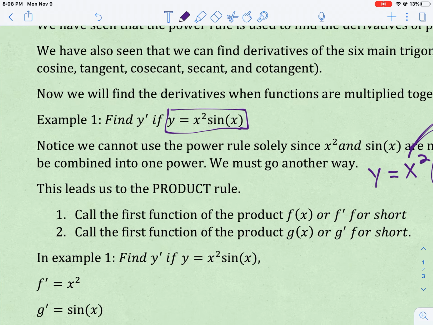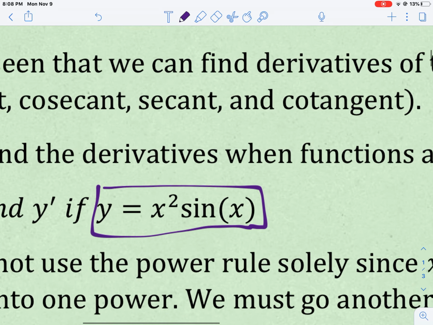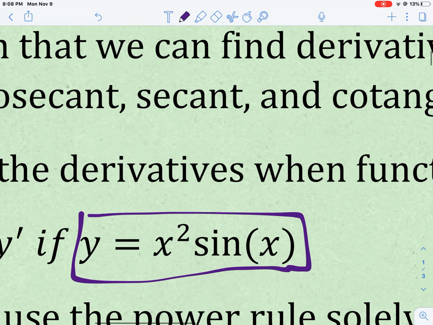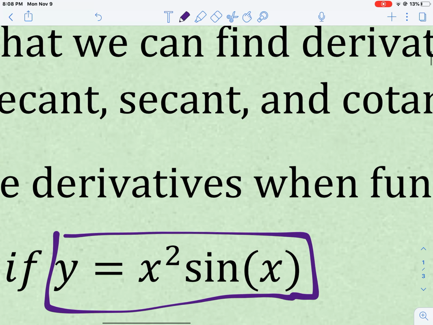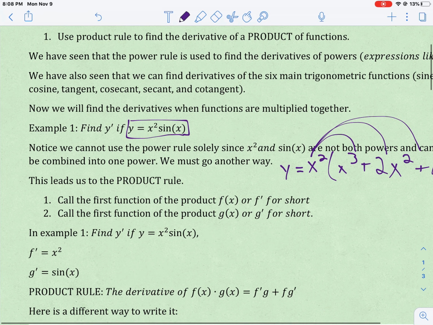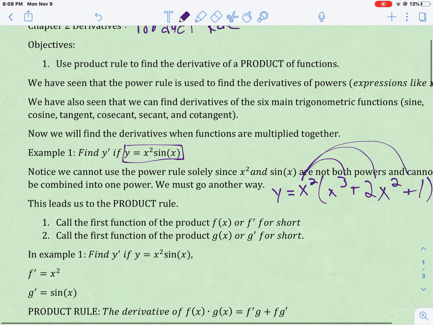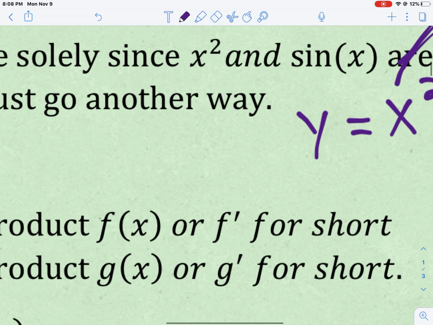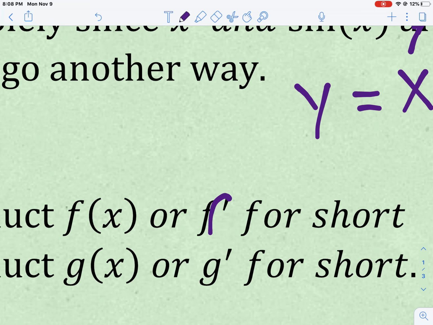So the product rule is a rule we use to find the derivative when we're multiplying two functions that we just can't simplify anymore, okay? So what's our goal? Number one, we're gonna call the first function that we're multiplying f of x, and I should say f, not f prime. So we're calling the first function f and the second function g.